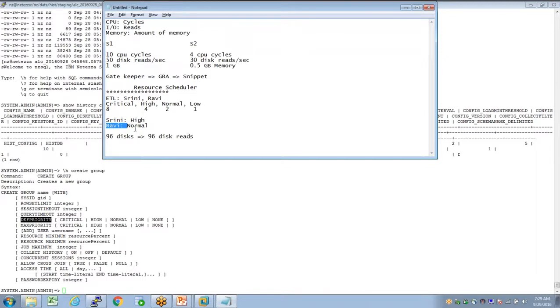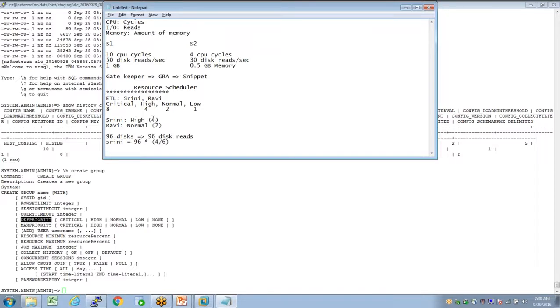High means 4, normal means 2. So this is how Srini gets: out of the 96 disk reads, he has 4 by 6.